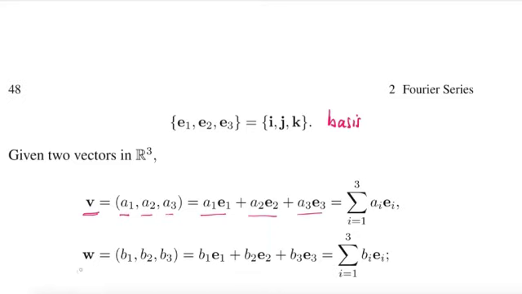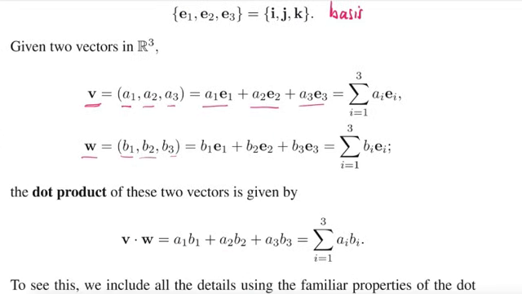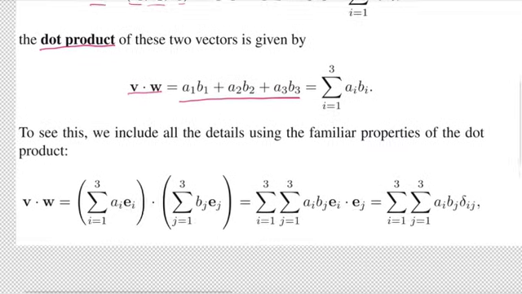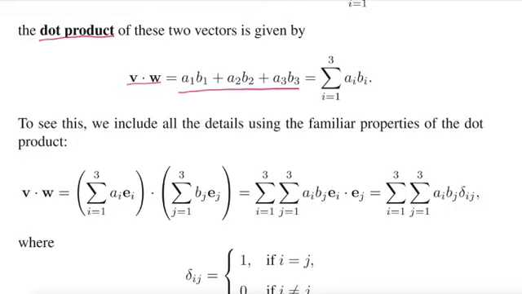And similar for another vector w, which has components b1, b2, b3. And then I can have a dot product of two vectors. The dot product is just the product of a1 times b1 plus a2 times b2 plus a3 times b3, as given right here. You should be rather familiar with all of this.